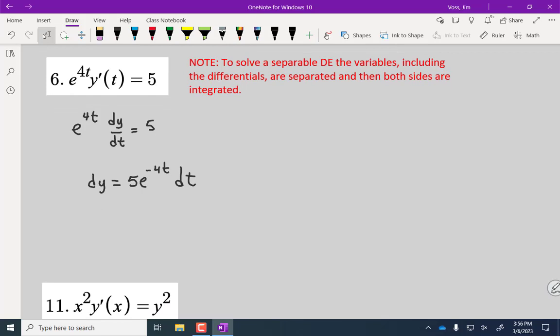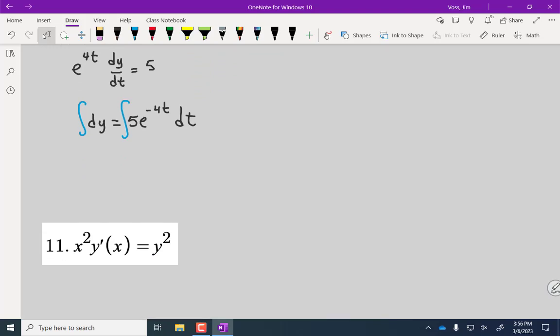Now we integrate both sides: the left with respect to y, and the right with respect to t. Joe, what's the integral of dy? You learned that earlier today.